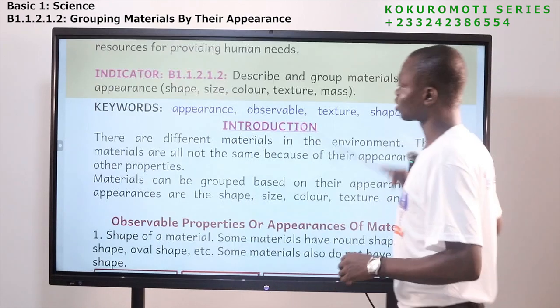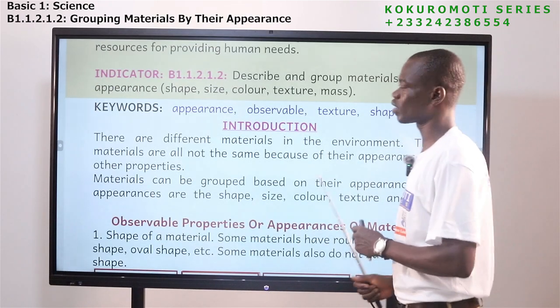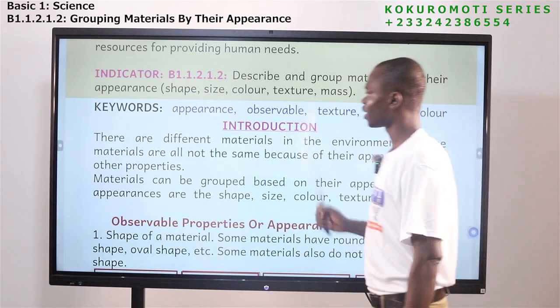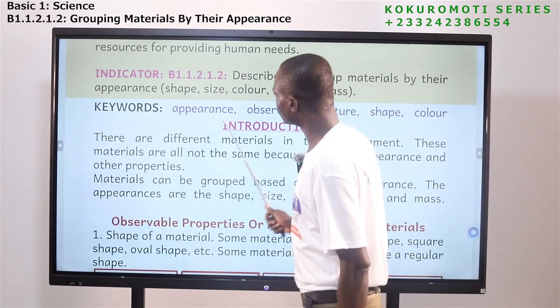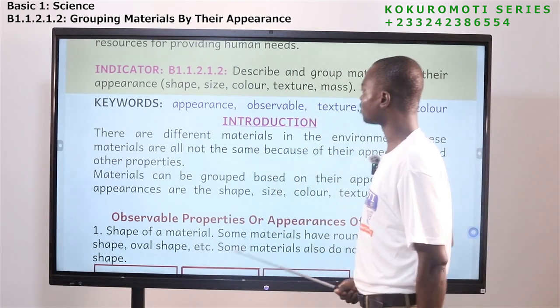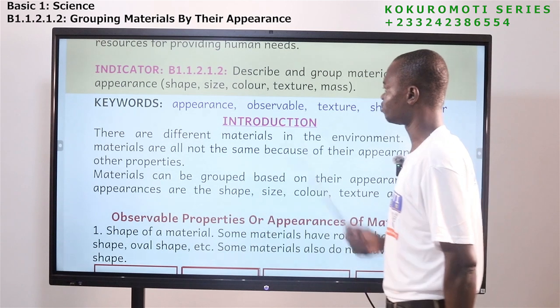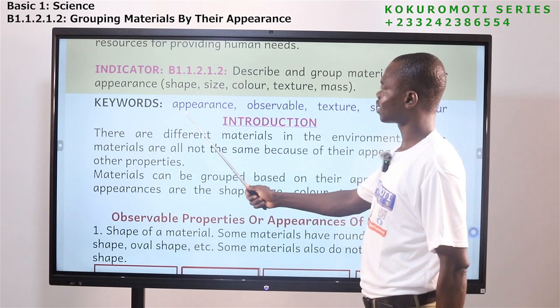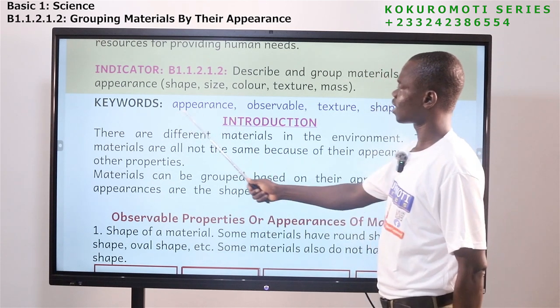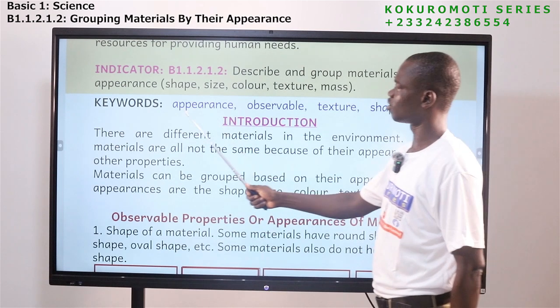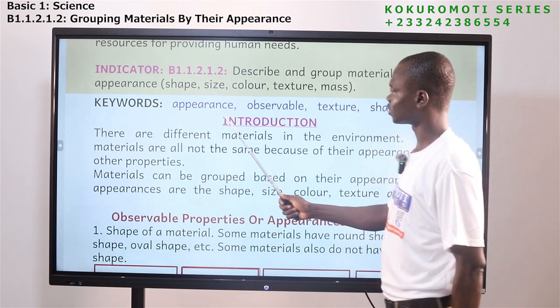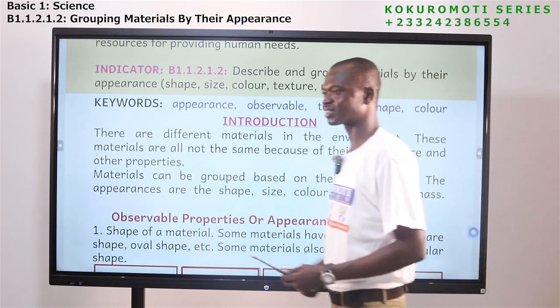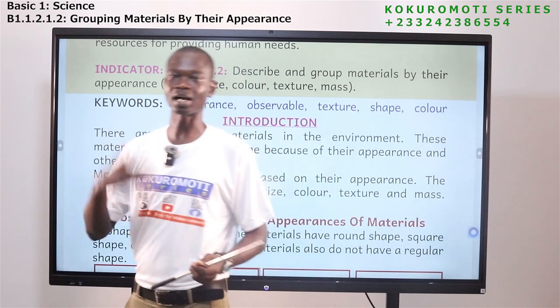In this lesson there are some keywords that we are going to see, and I want us to pronounce them, know how they are pronounced, and know the meaning. The first word is appearance. All of you, appearance. Appearance comes from the word appear.